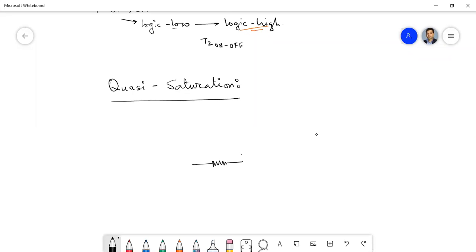Let me draw this part only, because other parts will be similar. Here we have T2, here we have T3, etc. And here is the base, and this is the transistor under consideration, that is the power transistor T4.